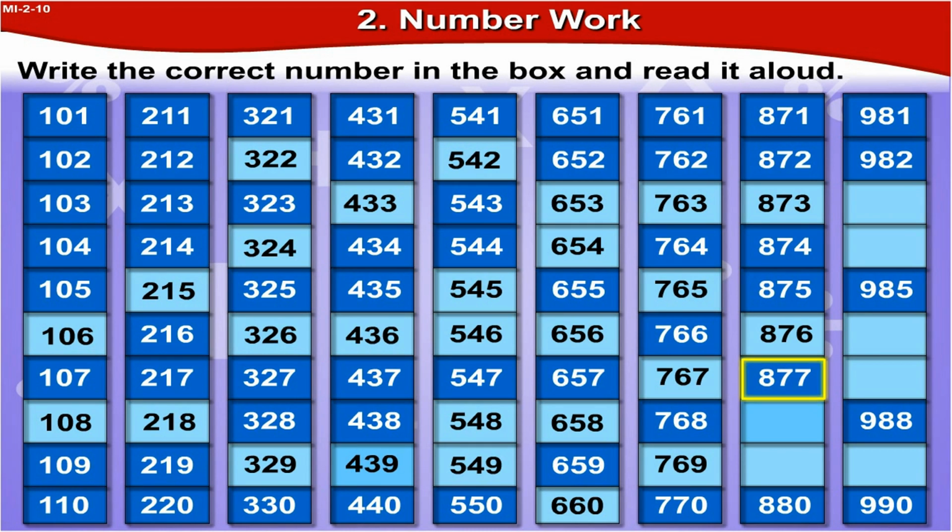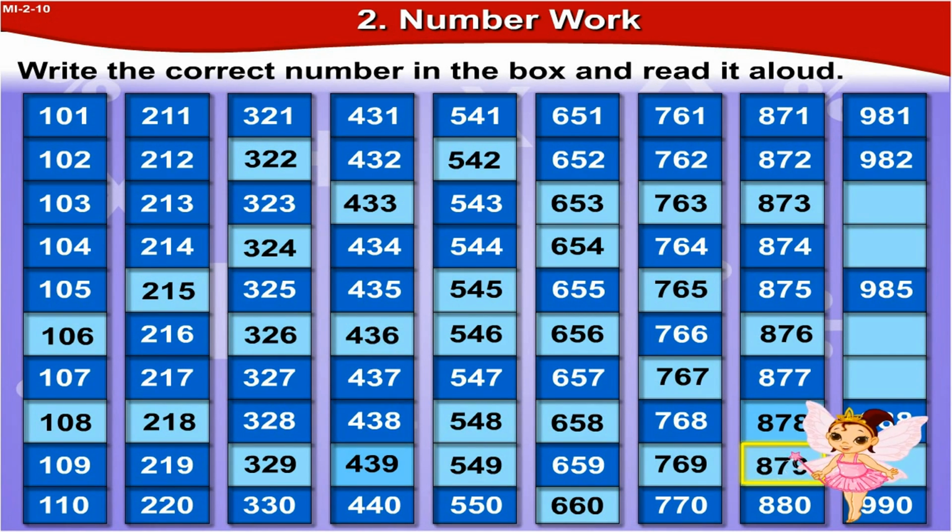Then you have 877, now you have two boxes. After 877, you have 878, which is 878, so write it in the box. After 878, we have 879, that is 879, so write it in the box. And now we have 880.